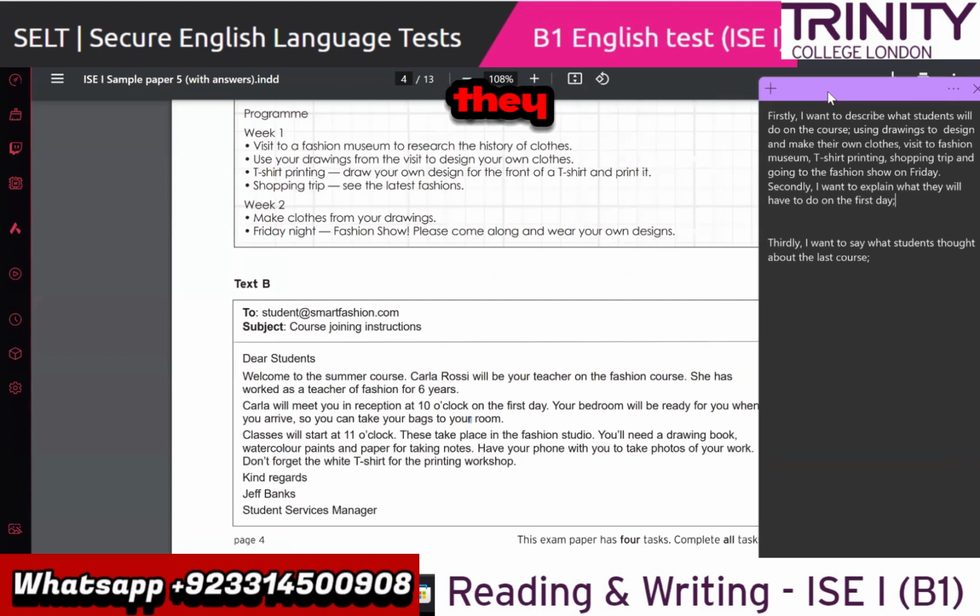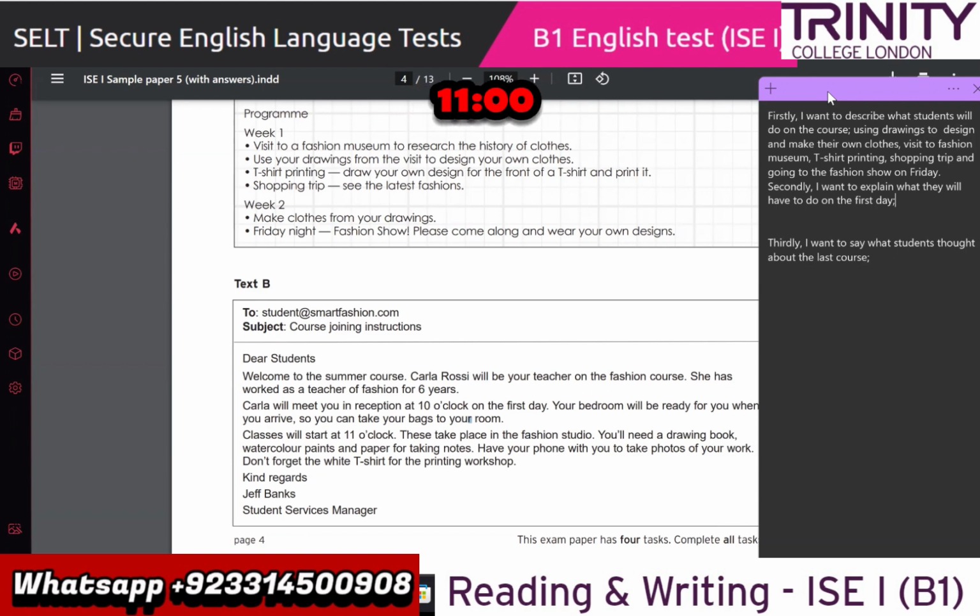Dear students, welcome to the summer course. Carla Rossi will be your teacher on the fashion course. She has worked as a teacher of fashion for 6 years. Carla will meet you in reception at 10 o'clock on the first day. Your bedroom will be ready for you when you arrive, so you can take your bags to your room.